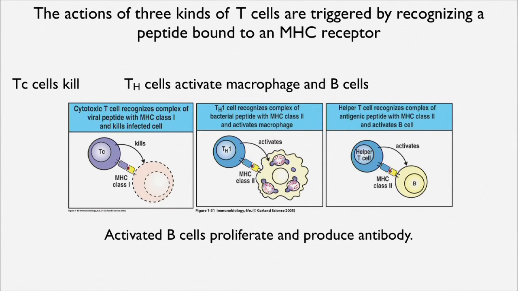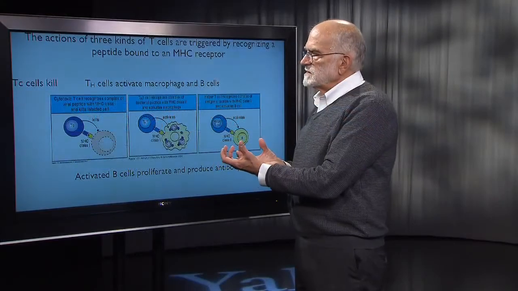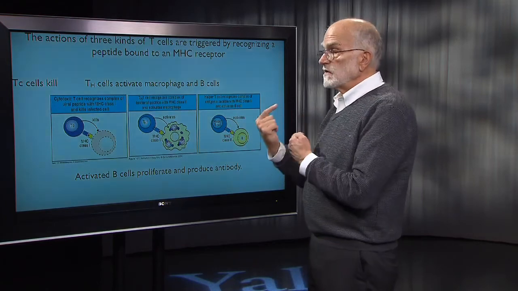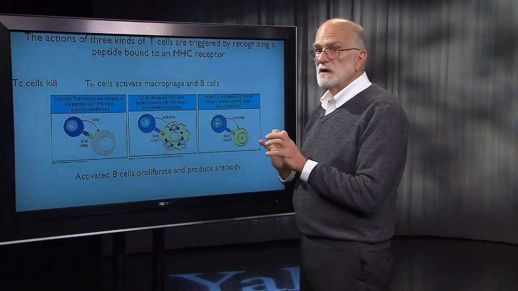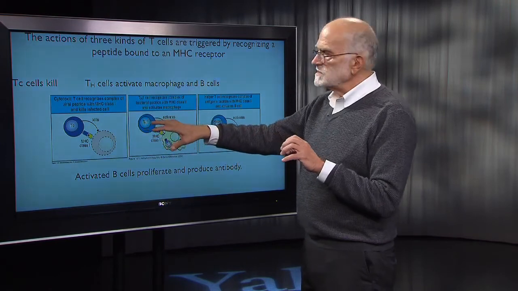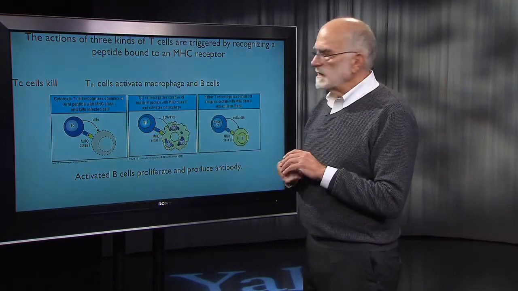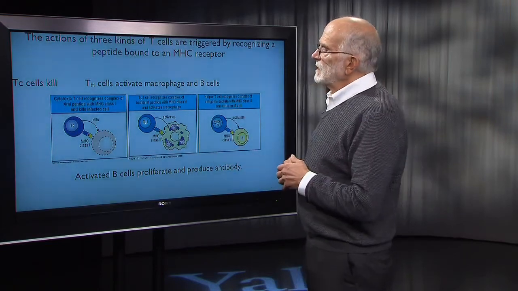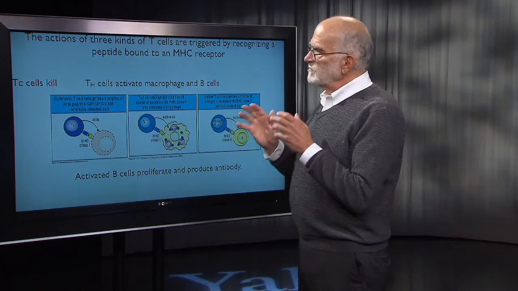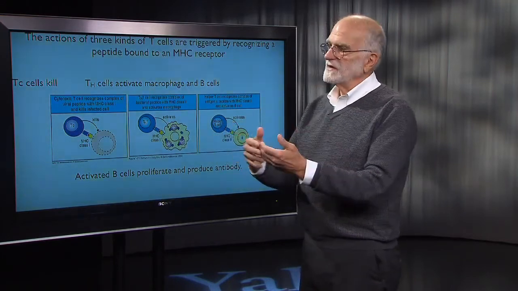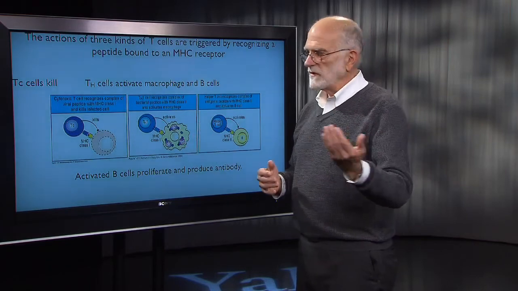This may all seem very complicated, but in fact, what's going on here basically is that a system has been set up that's very specific and that has safeguards built into it. Because remember that all of these cells, these cytotoxic T cells in particular, and the B cells that can produce a tremendous amount of antigen, are extremely dangerous if they make the mistake of misrecognizing self as being foreign.